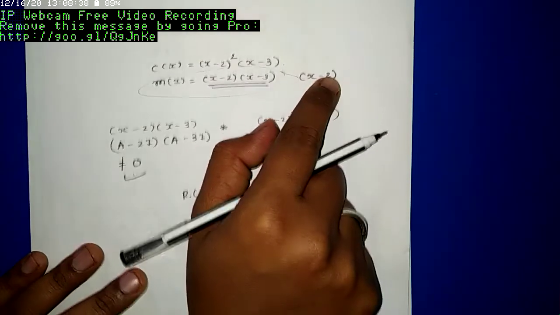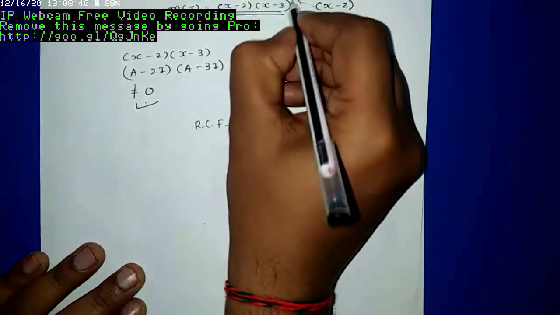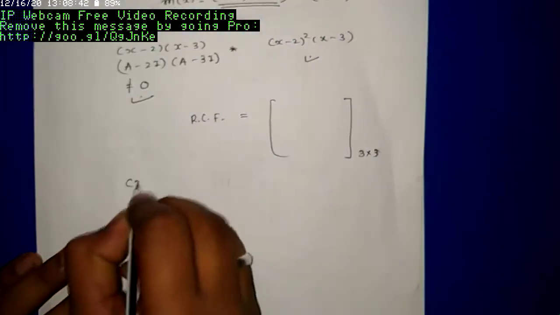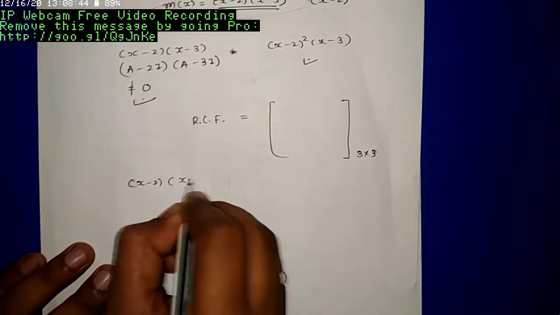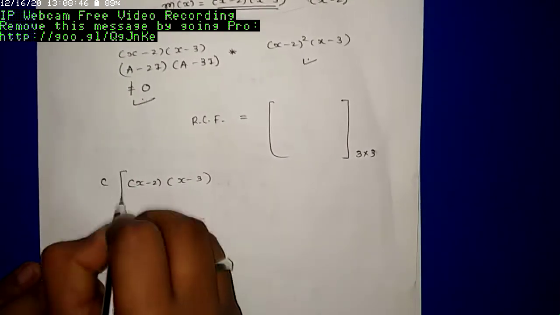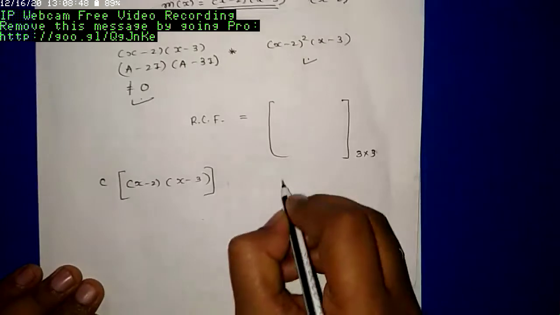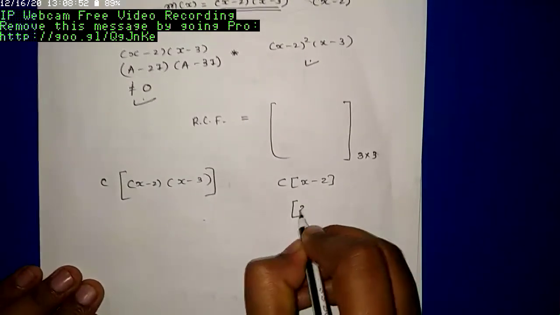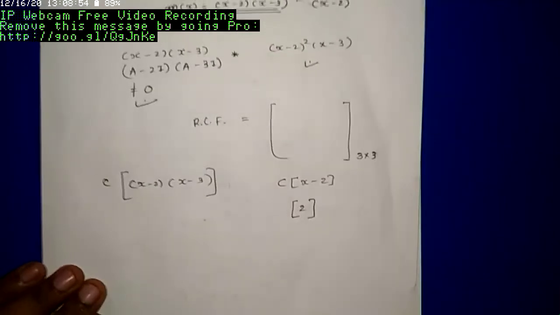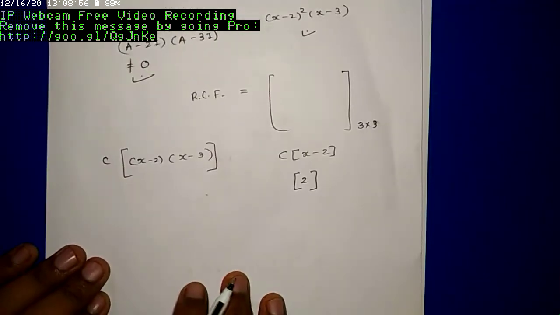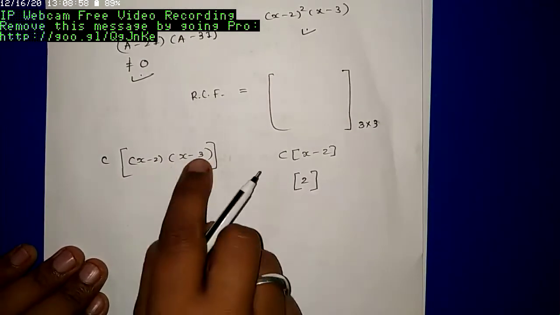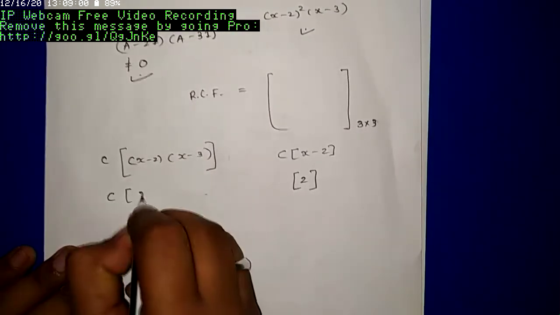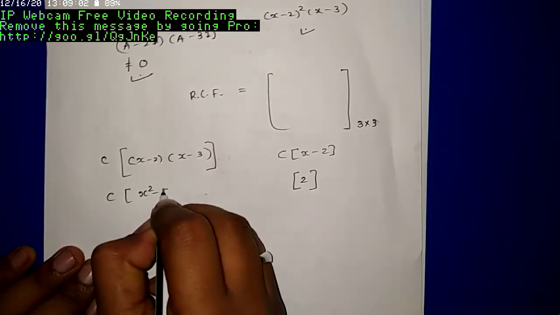Okay, now the companion matrix for x minus 2 and x minus 3, the companion matrix for this, and the companion matrix for x minus 2. The companion matrix for x minus 2 is very easy, nothing but the 1 cross 1 matrix 2. And the companion matrix for x minus 2 into x minus 3, this is nothing but x square minus 5x plus 6.